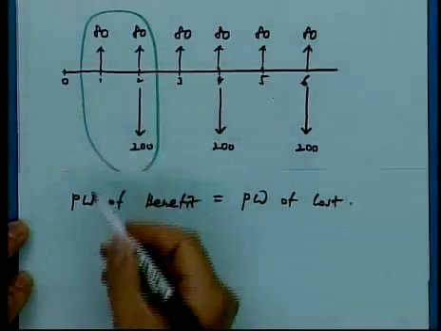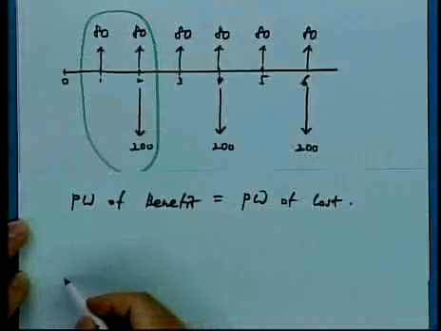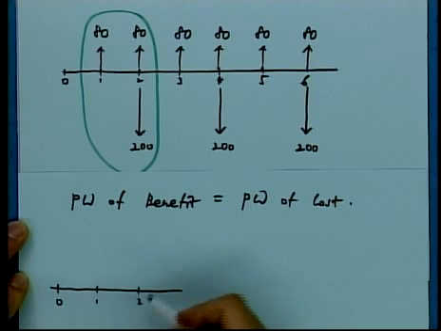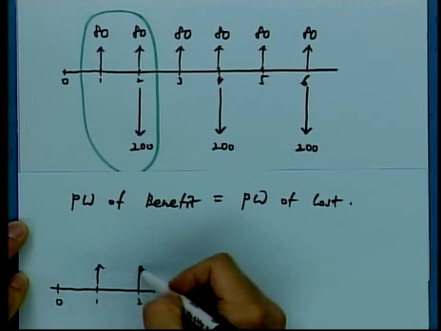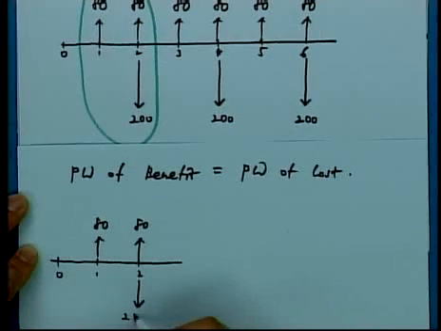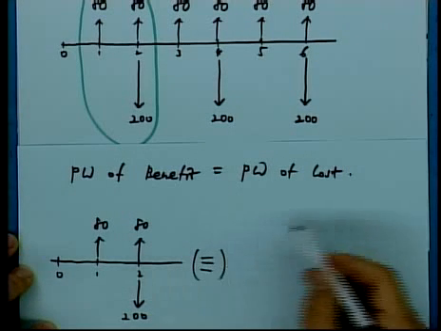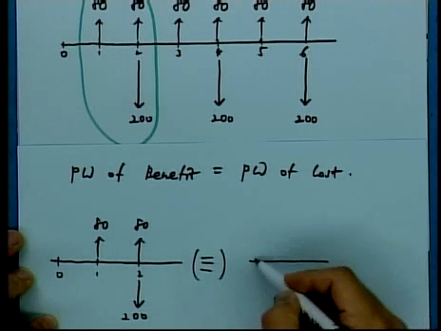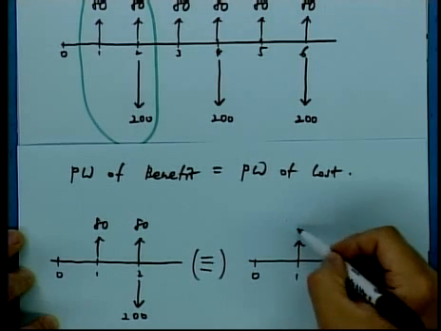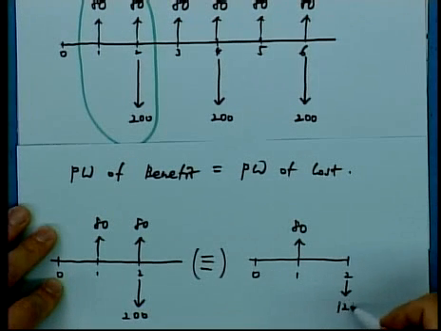So here, this one cycle of a repeating diagram is this, right? 200, which is identical to 0, 1, 2, 80, and here 120.